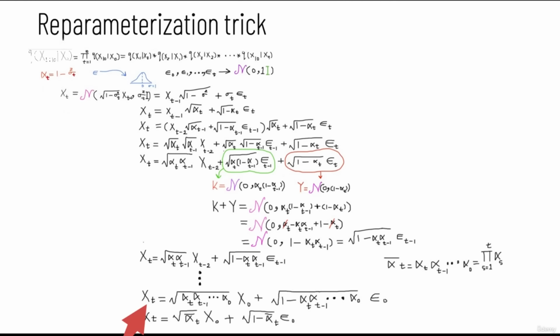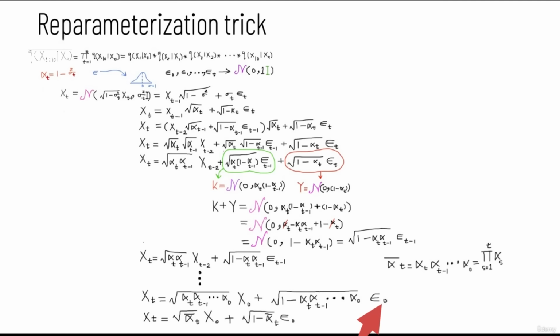So here finally, the variable xt is equal to the square root of alpha t times alpha t minus 1 times alpha t minus 2 times alpha t minus 3 until alpha 0 times x0, which is our original image, plus the square root of 1 minus alpha t times alpha t minus 1 times alpha t minus 2 times alpha t minus 3 until alpha 0 times epsilon 0, which is the noise that we will get from the standard Gaussian distribution with mean 0 and standard deviation 1.